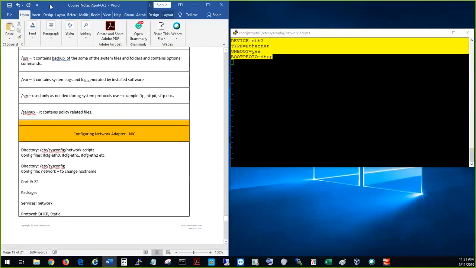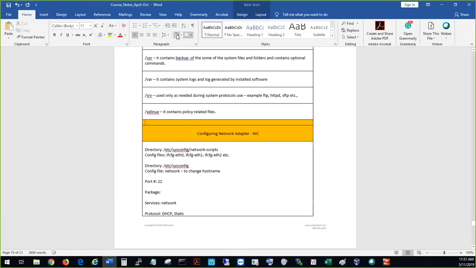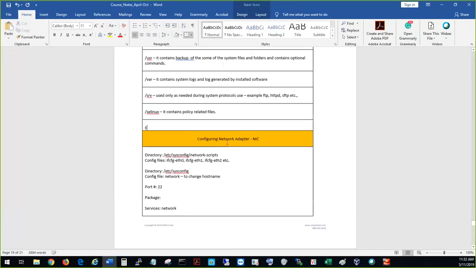So perfect. Can I ask you a question? Yeah. When I did ifconfig on my end, I have ETH3 and ETH4, and then when I go into cd /etc/sysconfig/network-scripts, I have ifcfg-eth0.